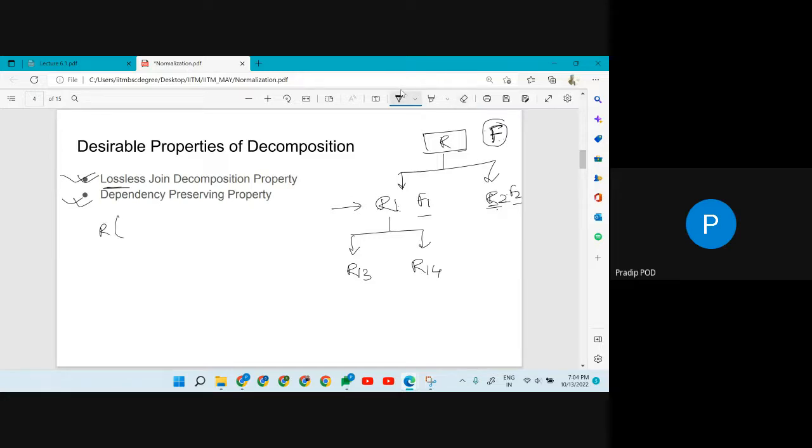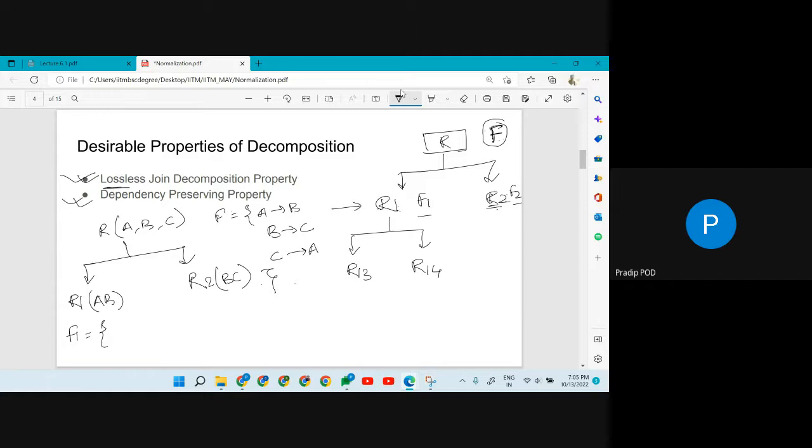Suppose this is your R with A, B, C, and this is your original functional dependency set F: A to B, B to C, and C to A. And you decompose this relation, don't worry about why we decompose it like this, just assume you decompose it as AB and BC. Then you have to find the associated functional dependencies. You have to find the closure set of this.